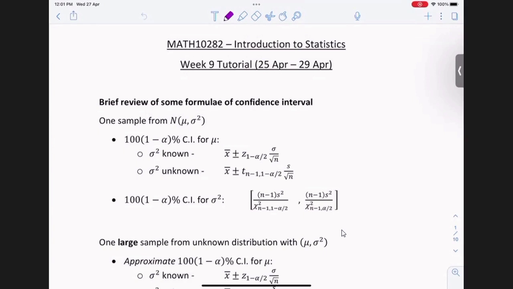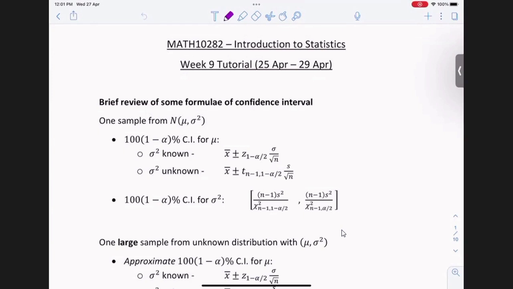Once you can identify for a particular problem what formula is suitable, then everything will become straightforward, just routine calculations. So the crucial part is that you need to be very clear under what scenario we should use which formula.